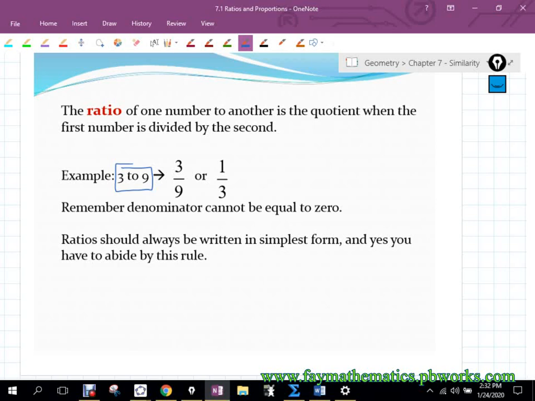But that then allows us to rewrite it this way: 3:9. You guys remember seeing it 3:9 in maybe 7th and 8th grade? That's another one. We still read that 3 to 9 or 3 compared to 9. But the one that makes it most conducive to actually doing some algebra here is to write it as a quotient, write it as a fraction.